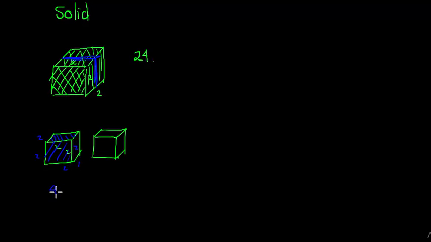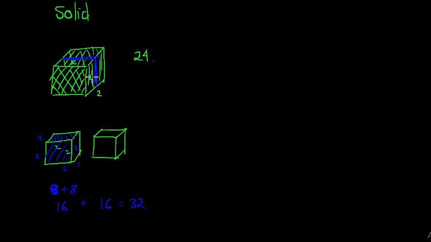So I've got 2 4s, which is 8, plus 4 2s, which is also 8. So this thing itself has a surface area of 16, but I've got 2 of them. So this one has a surface area of 16 as well. So now I've got a surface area of 32.